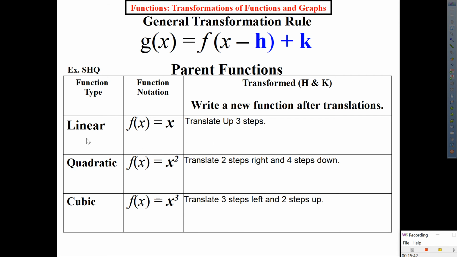Now, I do want to start with the linear. I'm going to zoom in here to this cell right here so you guys can see the graph. And I'm going to repeat a couple things that are going to be true for all parent functions. What does that mean again, parent functions? That it makes it its original form f of x, or that it's the originator. So kind of like, let's say, Jaden.